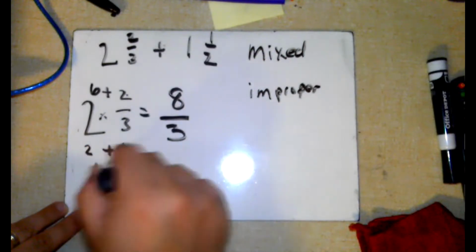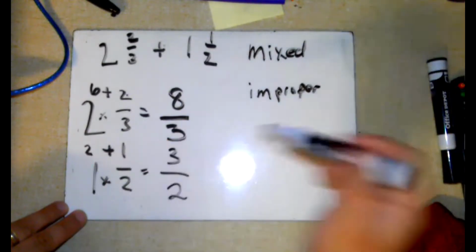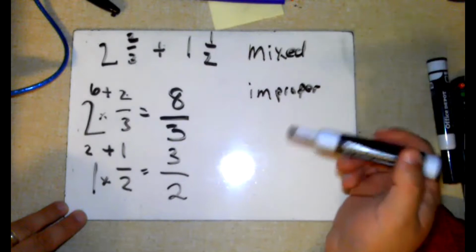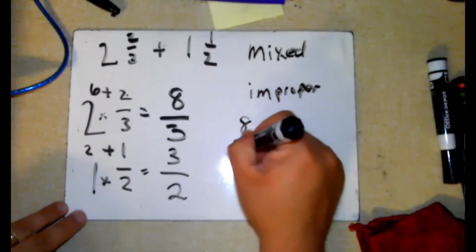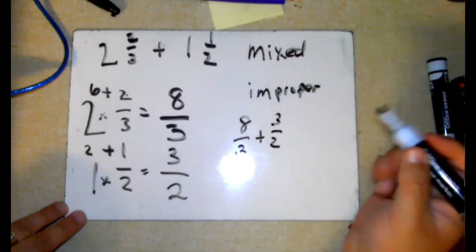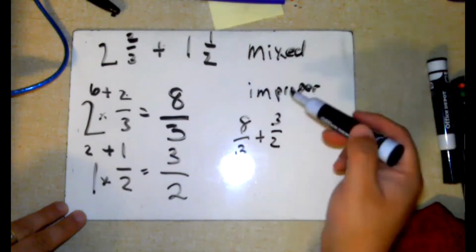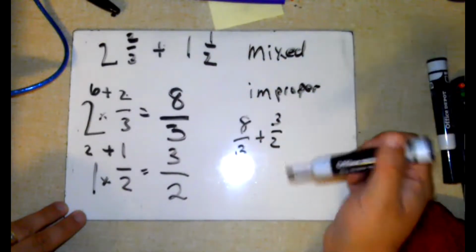And then we're going to add our numerator, 1, to get 3. So now we have 8/3 plus 3/2.